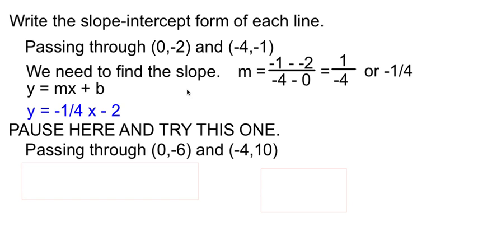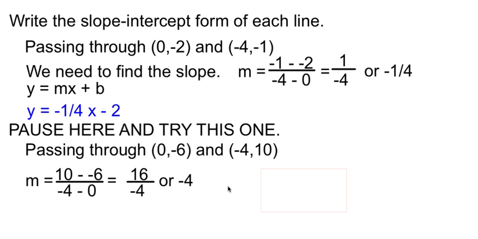Okay. I'm going to ask you to pause here and try this problem out. Same idea, we're passing through (0, -6) and (-4, 10). So again, first we had to find the slope.